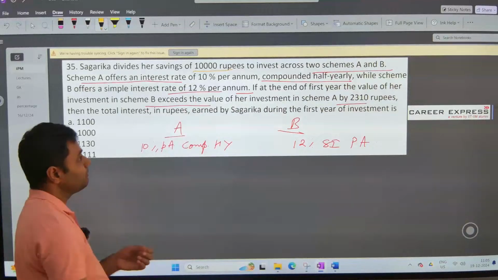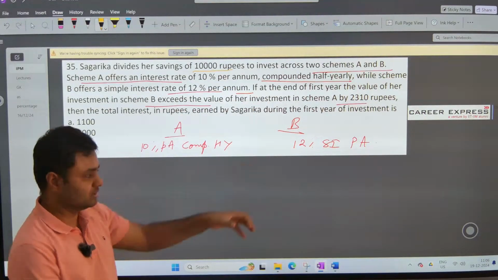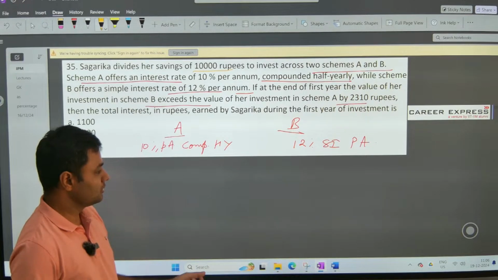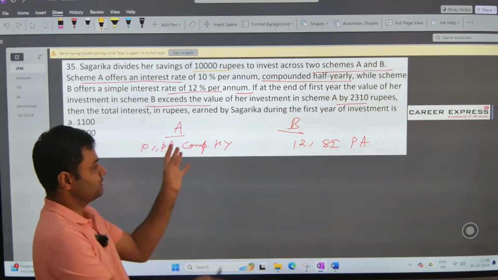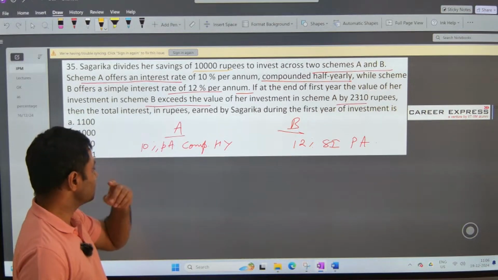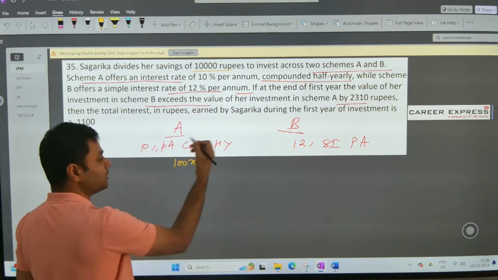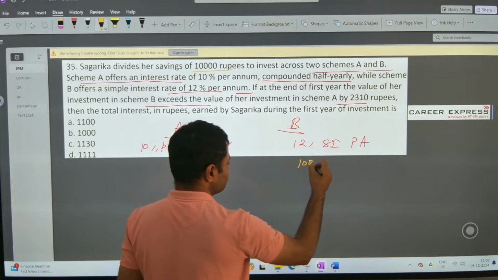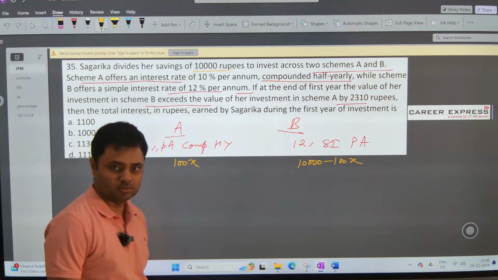So the amount, that is 10,000 rupees, was invested in the two schemes for 1 year only. Some part was given to this scheme, some part to this scheme. So let us assume 100x rupees were given to scheme A. So 10,000 minus 100x were given to scheme B.